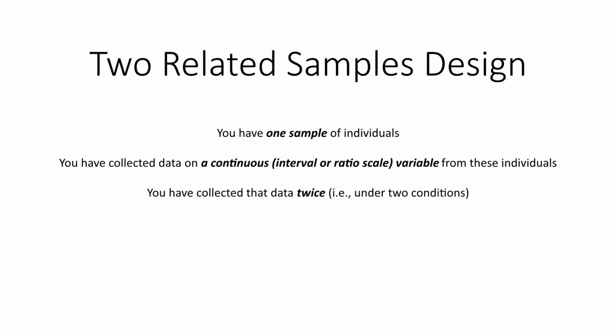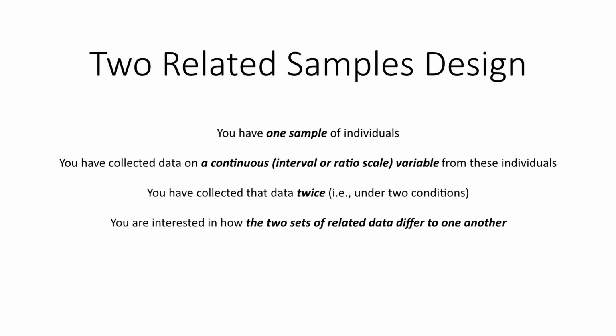That might be pre and post some intervention, or at two different time points, or it may be in the context of a crossover design where you've collected data under two different intervention conditions. And what you're interested in is how those two sets of related data differ from one another, and we say they are related because they are two samples of data that have come from the same sample of individuals.